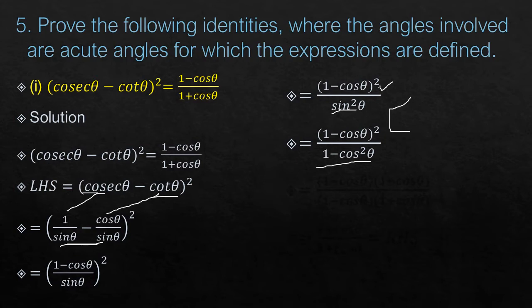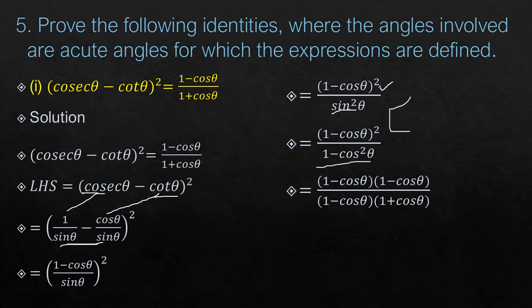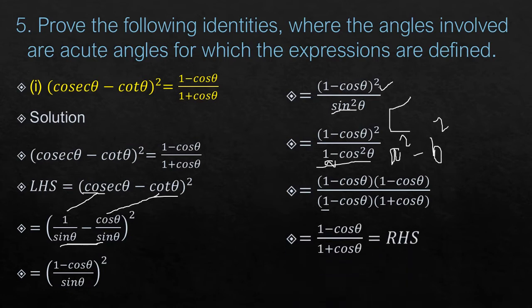So now (1 minus cos theta) whole square means 1 minus cos theta is multiplied twice. So we will write again separately (1 minus cos theta) into (1 minus cos theta) upon, this is just like a square minus b square. 1 square minus cos square theta, a square minus b square, is equal to (a minus b) into (a plus b), that is (1 minus cos theta) into (1 plus cos theta).